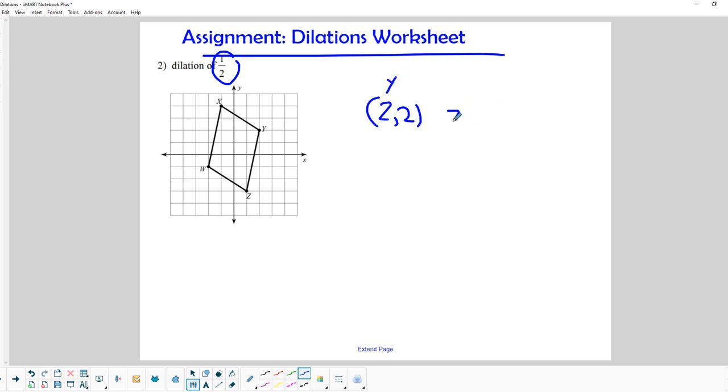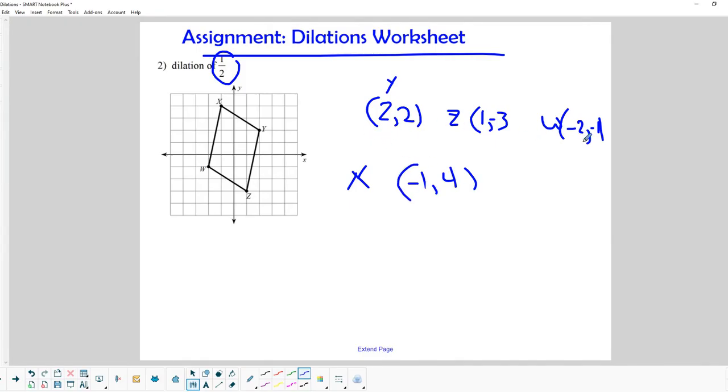And then our z value is 1, negative 3. And our w value is negative 2, negative 1. Then our x value is negative 1, 4.